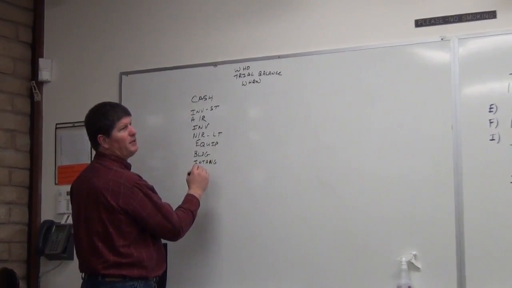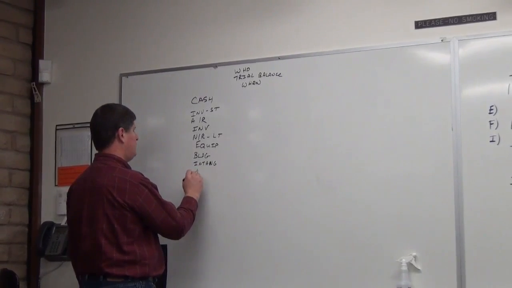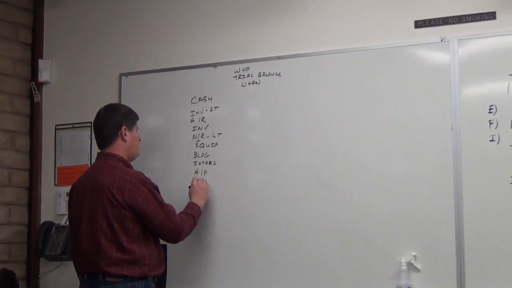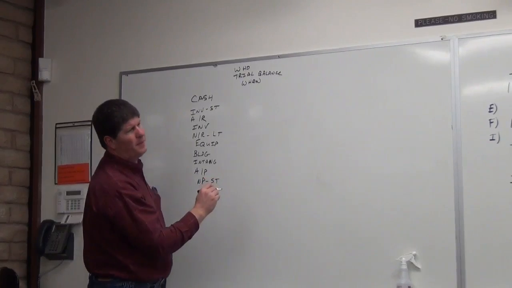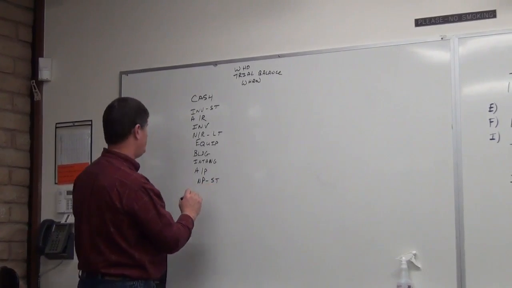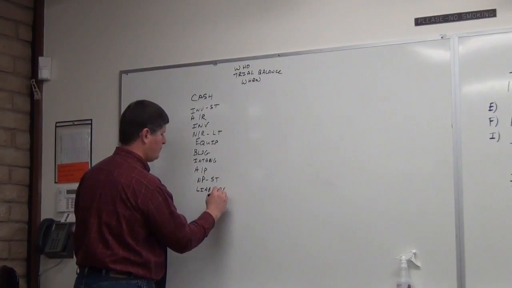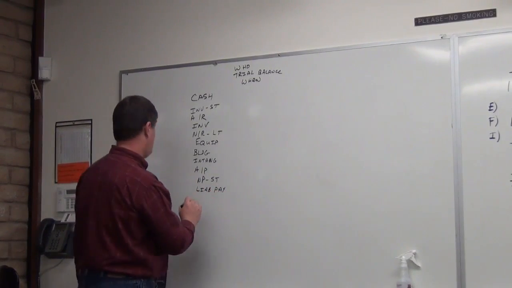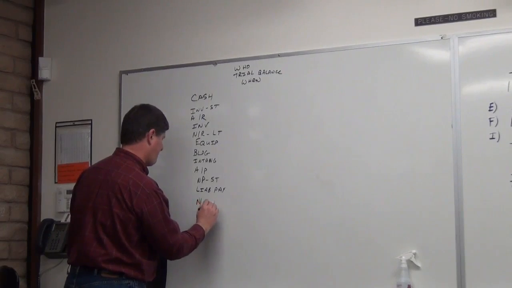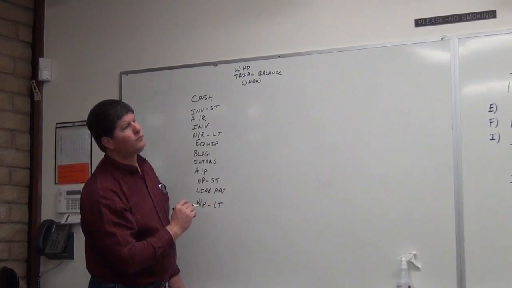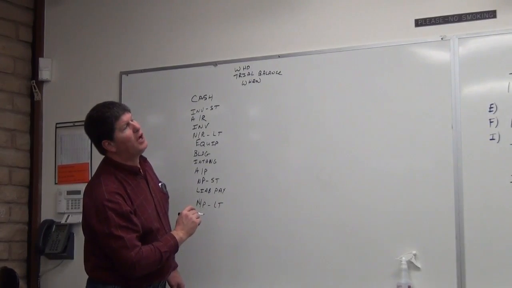Then we have AP, right? Note payable, short term. Liabilities payable. Note payable, long term. Stock.